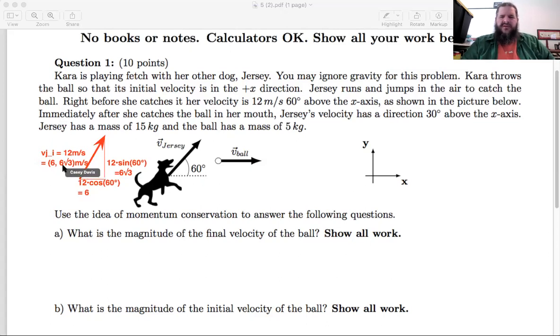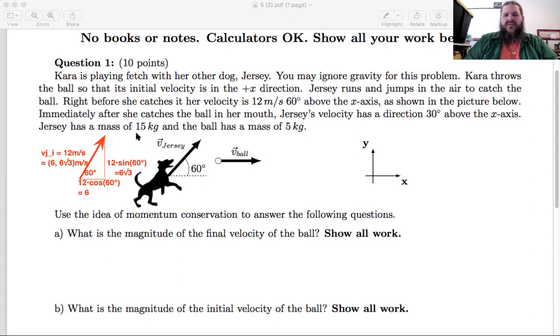And how would you convert that to a momentum? Yeah, we can multiply by mass. The Pythagorean theorem would allow us to find the magnitude, but we already know the magnitude, 12 meters per second, so we don't need to get back to the magnitude. But we could use the mass, which for the dog is 15 kilograms.